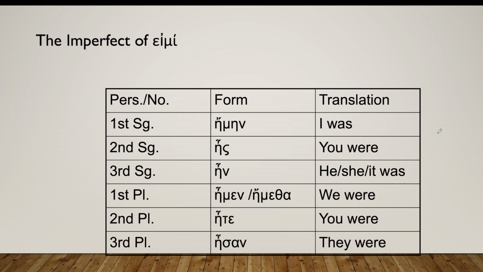Okay? And we learned about εἰμί, which means I am. It has an imperfect form, I was. Okay, and here's the imperfect form. ἤμην, ἦς, ἦν. Two forms in the first plural, ἦμεν and ἤμεθα. And so this is the one that you need to be aware of.